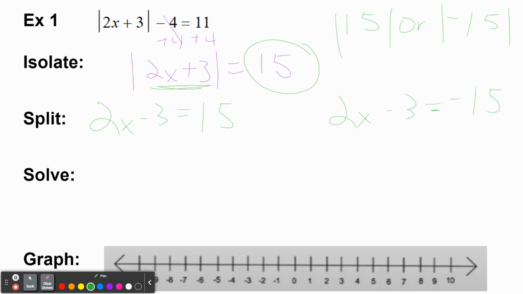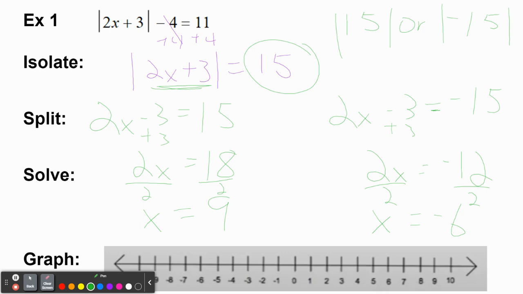If I subtract 3 from both sides on both equations, I should get 2x equals 12 here, and 2x equals negative 18 here. Divide both sides by 2, and x would equal 6, and x would equal negative 9. Divide by 2. Guess I should show my work.